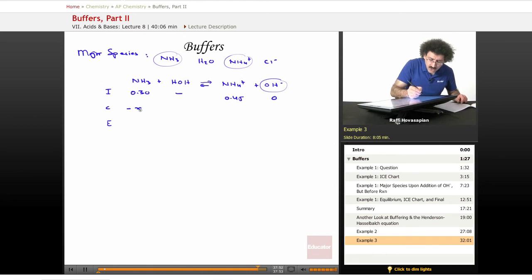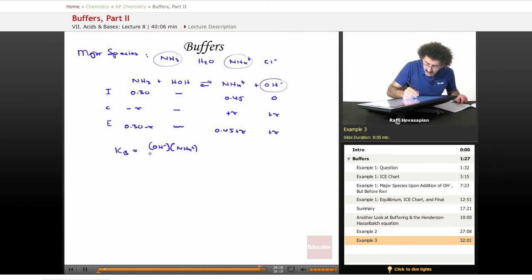And now again, the change. This is going to diminish. Water doesn't matter. This is going to show up. This is going to show up. We're going to have 0.30 minus x. This is going to be 0.45 plus x, and this is plus x. Well, we have Kb is equal to the OH minus concentration times the NH4 plus concentration over the NH3 concentration.